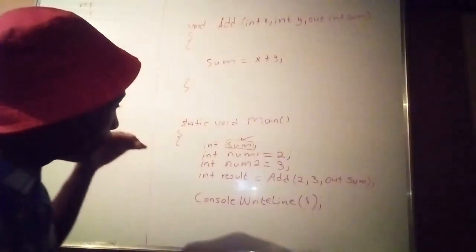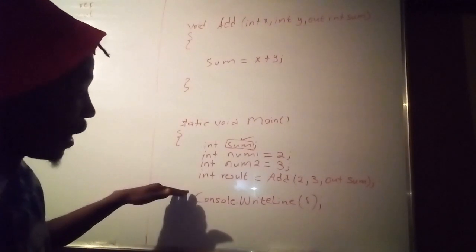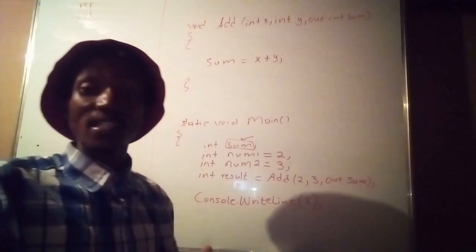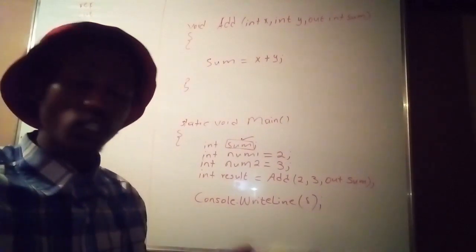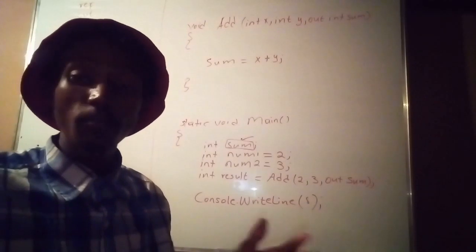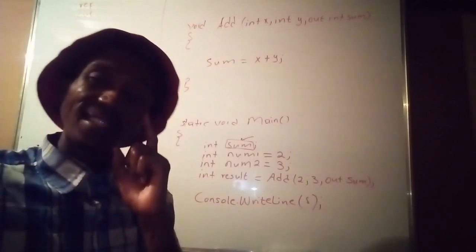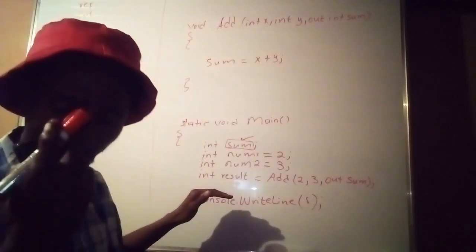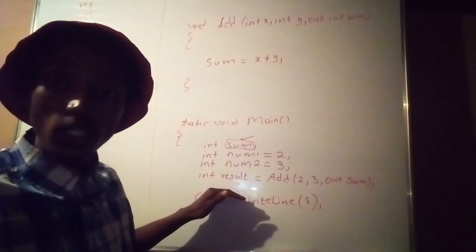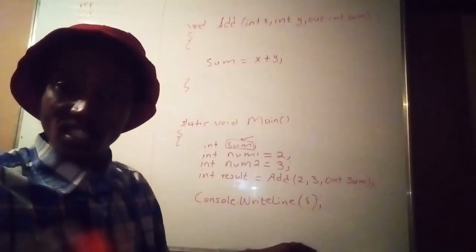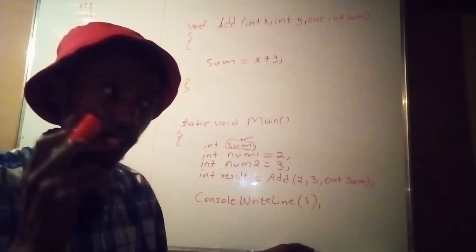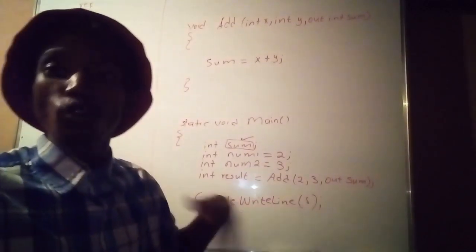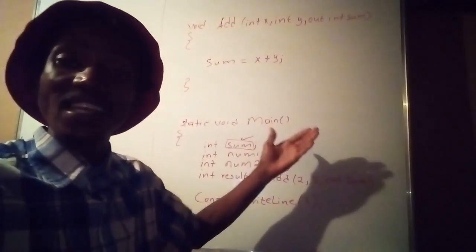Then the caller also does not have the responsibility of assigning those values. You can just decide where you want to assign those arguments which are passed by reference. But with output, the caller must not give a value to an output parameter. It should leave that to the method that is expecting the output parameter.